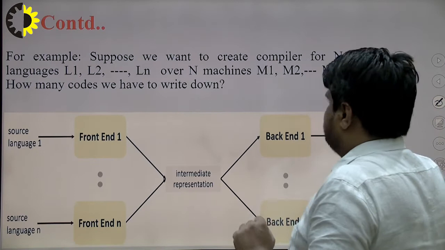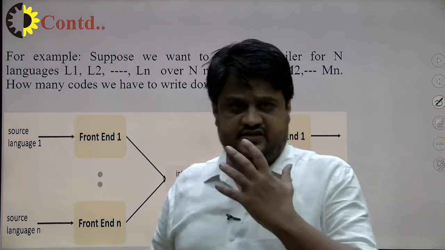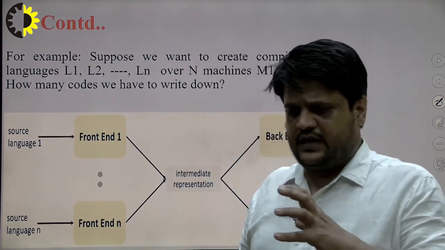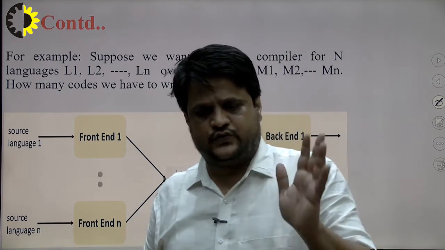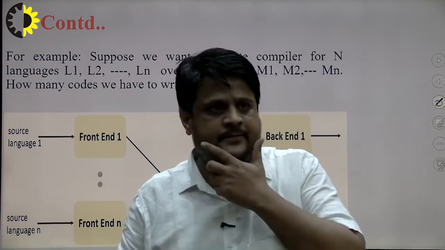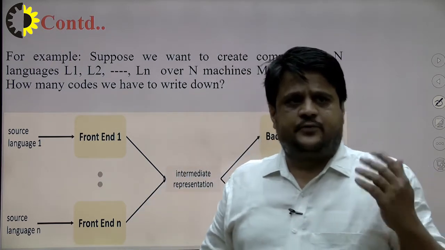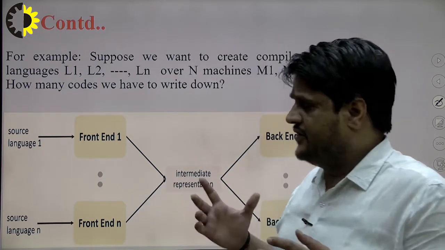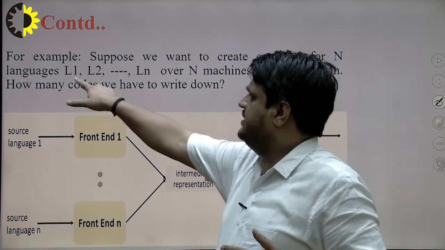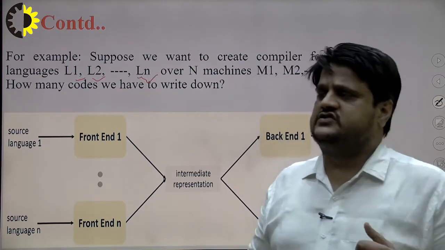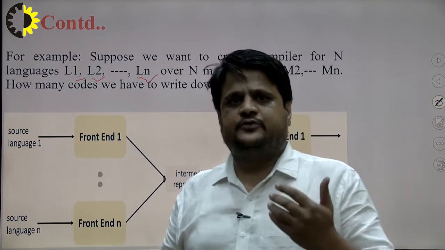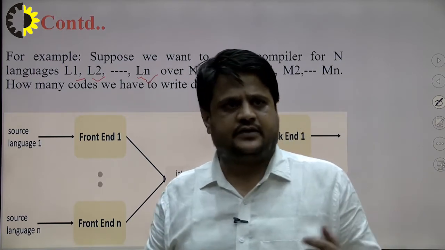Now, this is a very nice question: why do we take the two-stage, or two-part, compiler? Suppose we want to create compilers for n programming languages L1, L2 up to Ln over n machines M1, M2 up to Mn.